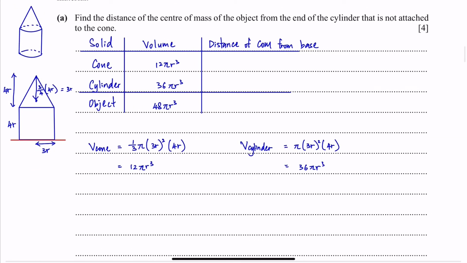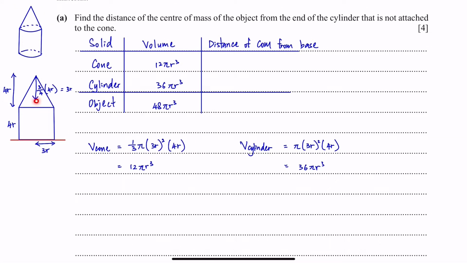So now we look at the distance of this center of mass from the base. So this is 4r and this is 1r, right? So add together, we have 5r. So we can write 1/4 times the height of the cone plus the height of the cylinder, which is 4r. So we have 5r over here.